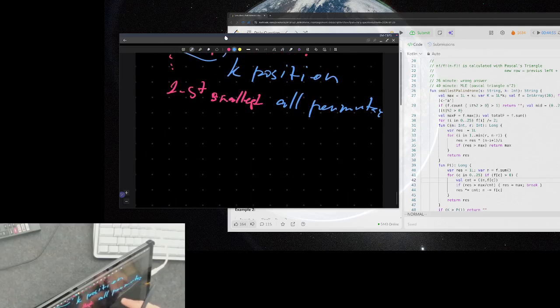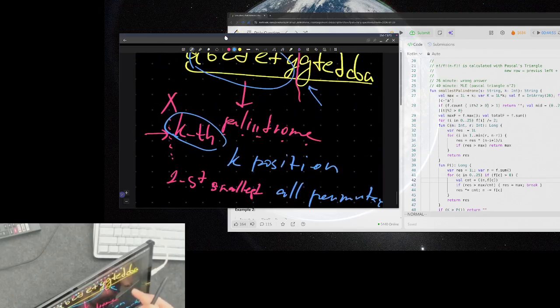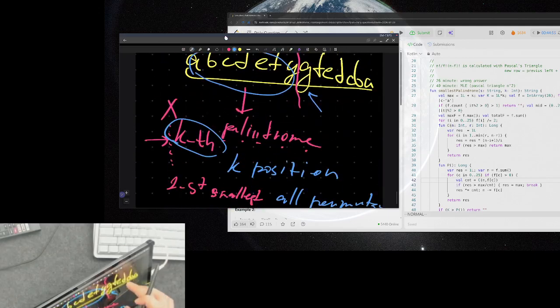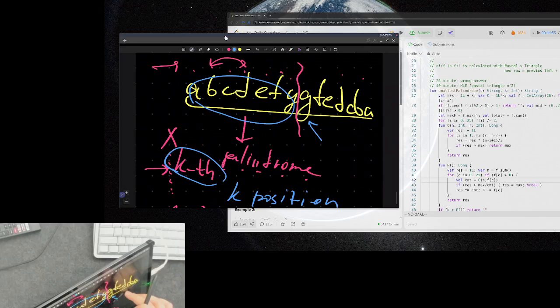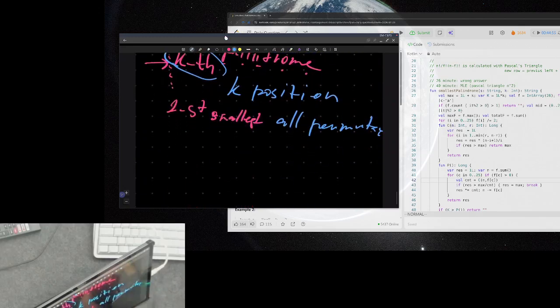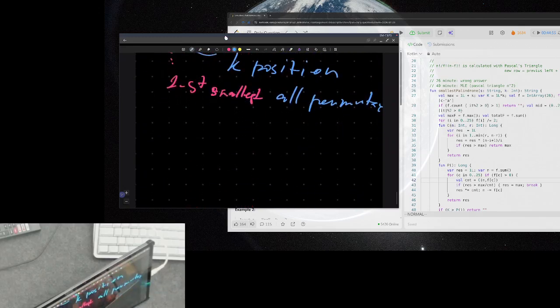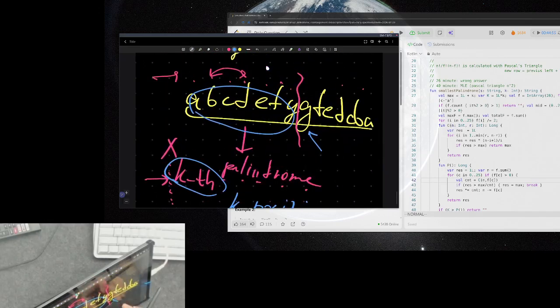What should I say? I failed this problem, but not because I didn't know what to do, but because I didn't know how to write it. And actually I studied this problem yesterday, so I kind of was prepared for this solution and still failed. So this is the hardness of this problem.